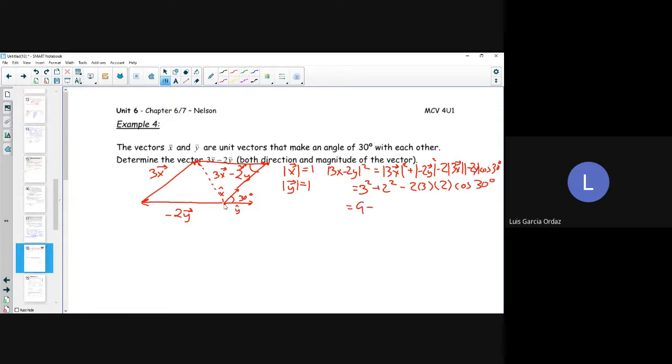So I'm left with 9 plus 4 minus 6 root 3, which gives me 13 minus 6 root 3. Now, if I square root both sides, I get the magnitude of 3x minus 2y is equal to the square root of 13 minus 6 root 3, which gives me approximately 1.61.